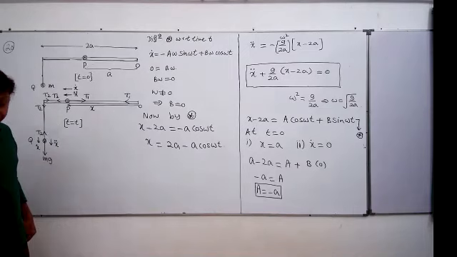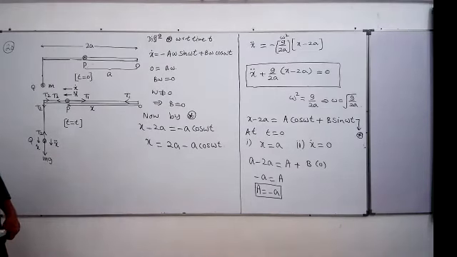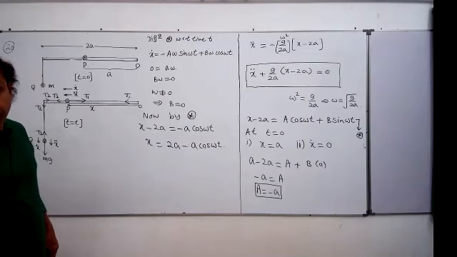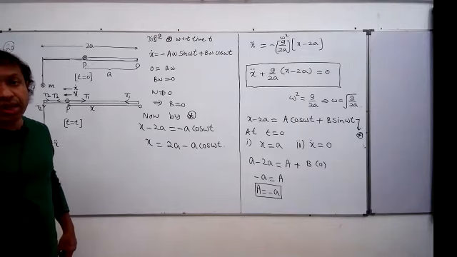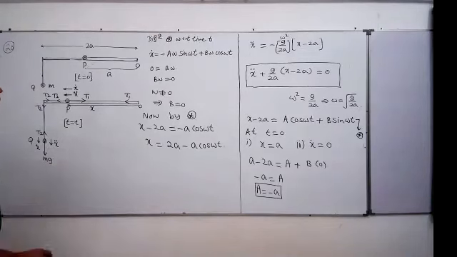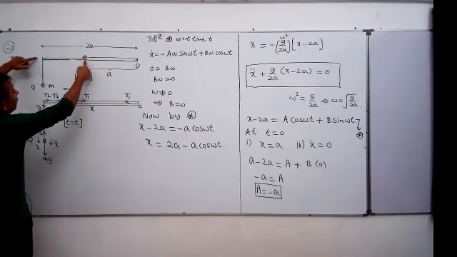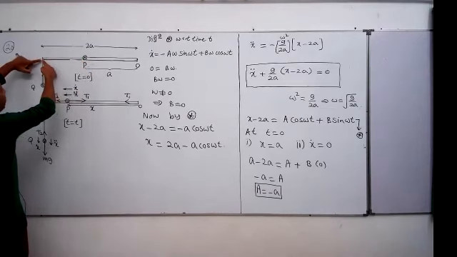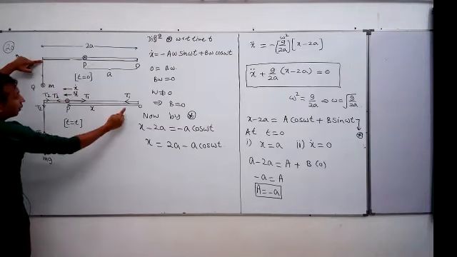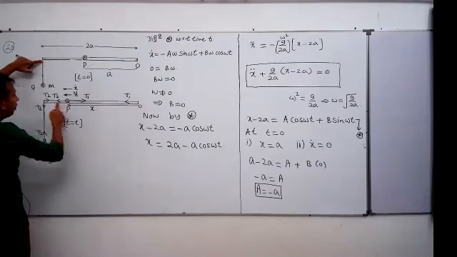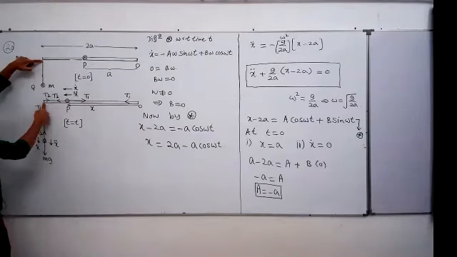Now what is asked next? Show that the particle P reaches the edge after a time this much. When the particle P reaches this edge, x will be equal to 2a.